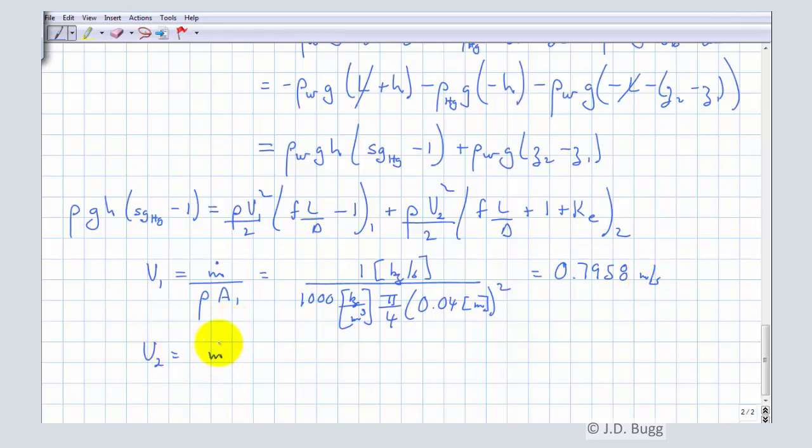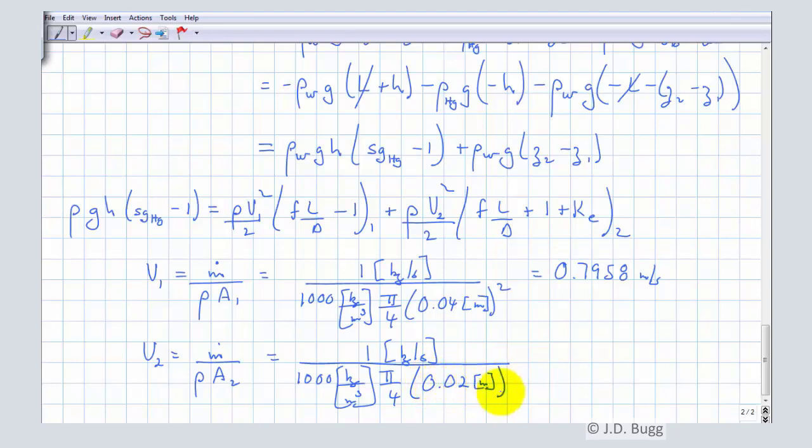We do the same thing in pipe 2. So that's the mass flow rate divided by density and area 2. And pipe 2 is smaller, so this velocity should be coming out quite a bit higher. So same mass flow rate, assuming no leaks, I guess. Same density, 1,000 kilograms per meter cubed. Pi by 4, but now our diameter is 2 centimeters, so 0.02 meters.